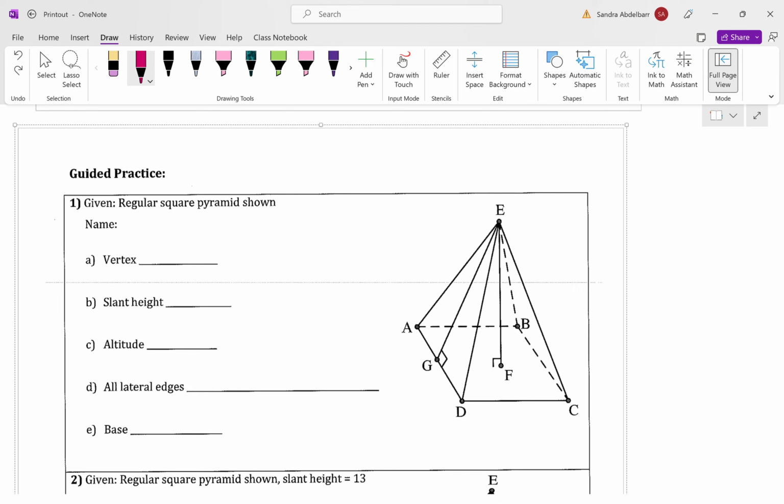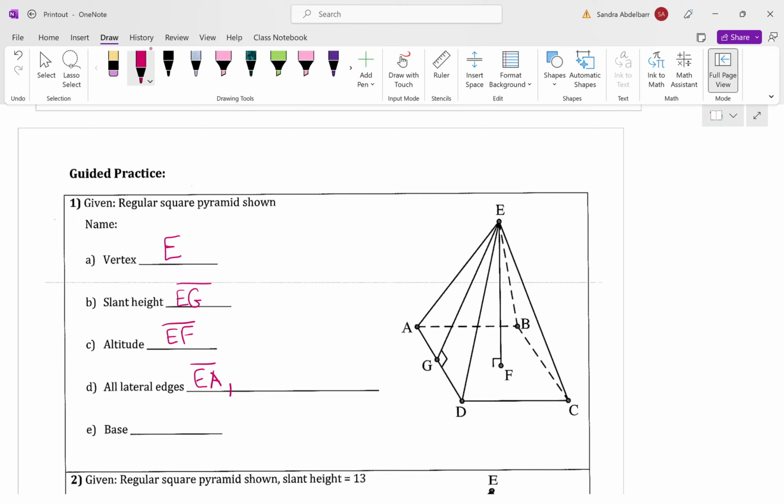All right, let's go through this. The vertex is point E. The slant height in this diagram is the segment EG. The altitude is the height of the whole pyramid, that is segment EF. All lateral edges. So the lateral edges, remember, are the sides that make up the triangles.